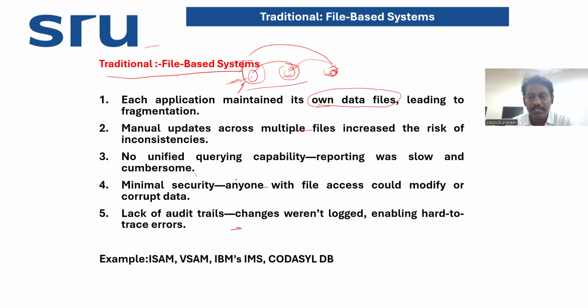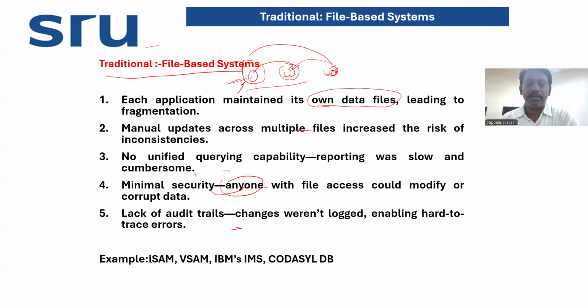That is, anyone can access the file and could modify and corrupt the data, because unauthorized persons can also access the data. That is the main drawback in the file-based system. And lack of audit trails. Lack of audit trails means no logging systems, making errors hard to trace. Avoiding the errors is also not easy.